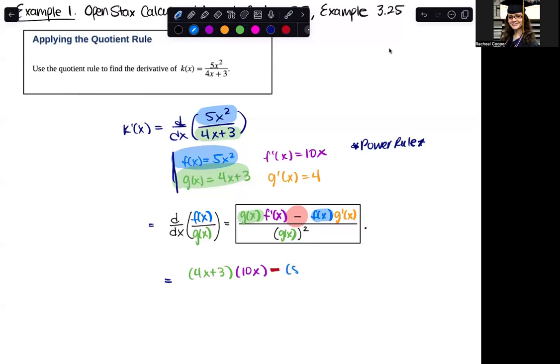So f is 5x squared and g prime is 4. And then don't forget, we're dividing that all by the square of the denominator. I personally usually like to write this first because it gets something on my paper that is correct.